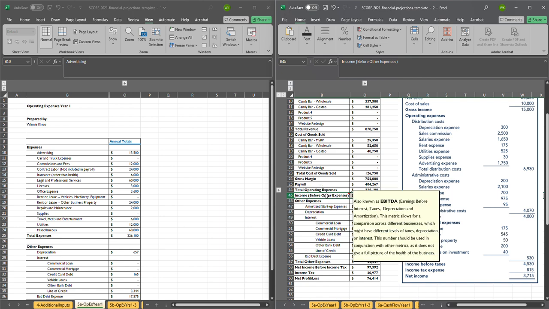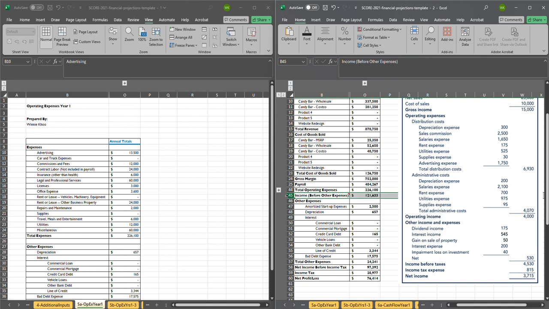There's a note here that it is also known as EBITDA. Earnings before interest, taxes, depreciation, and amortization. So this metric allows for a comparison across different businesses, which might have different levels of taxes, depreciation, or interest. And this number should be used in conjunction with other metrics as it does not give a full picture of the health of the business.